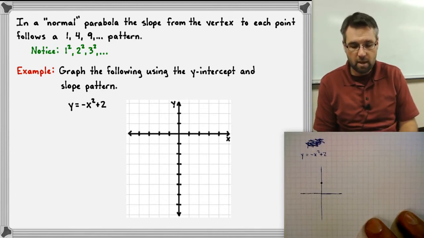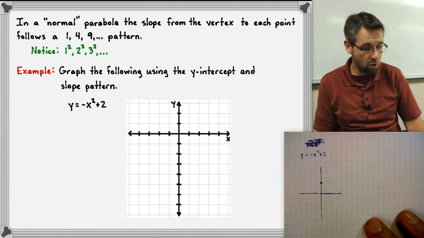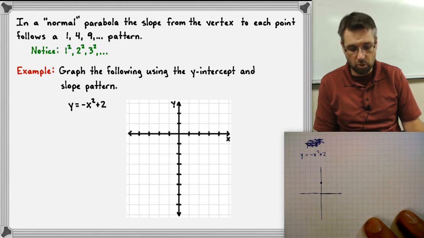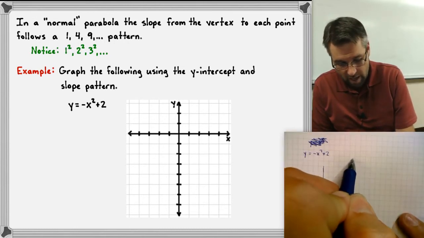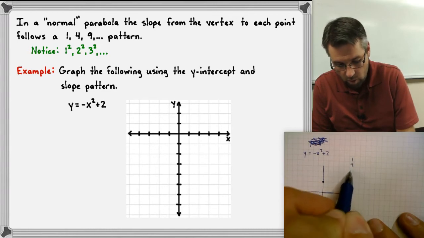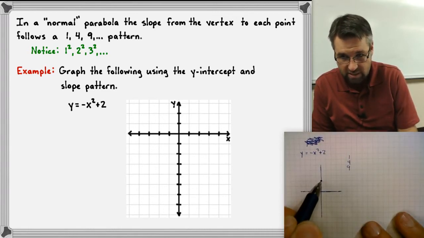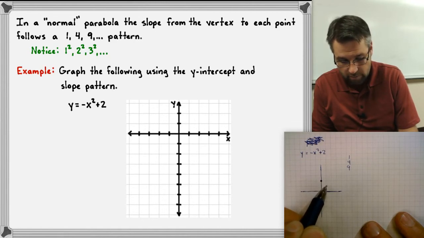Okay. Now from here, I'm going to follow my slope pattern that I just determined. Now notice the slope pattern is based off the slope from the vertex to each point that follows. So I have a slope pattern of 1, 4, and 9. What does that mean? That means from the vertex, I'm going to go down 1 and right 1.